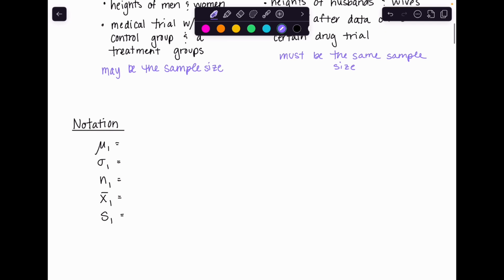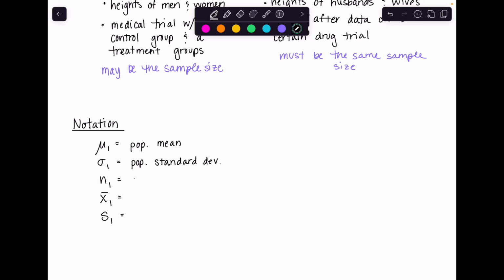So in terms of notation, it's the same as when we were dealing with hypothesis testing for one mean. The only difference is you use a subscript to indicate the population. So mu1 is going to be the population mean for that first population. Sigma 1 is the population standard deviation.